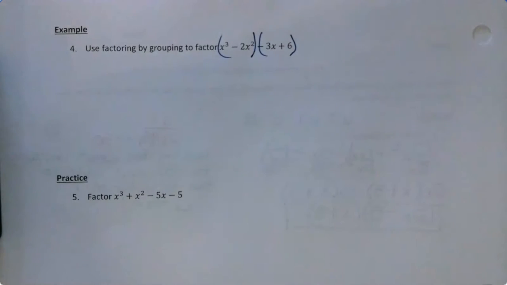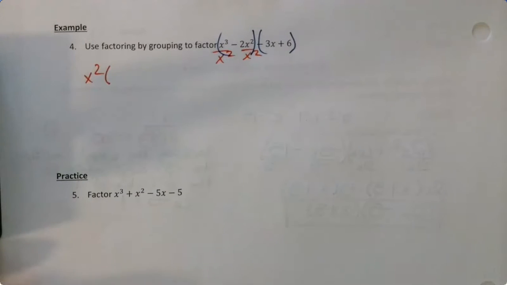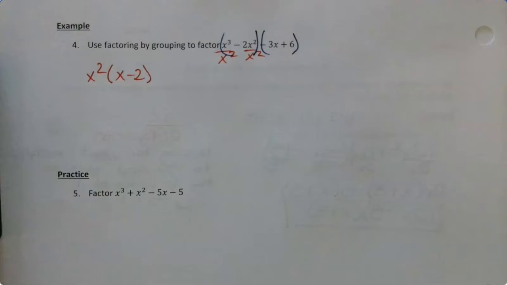Okay, what can I pull out of my first group? X squared. Okay, x squared. So when I pull out the x squared, what am I left with? X minus 2. And then on my second group? Negative 3.